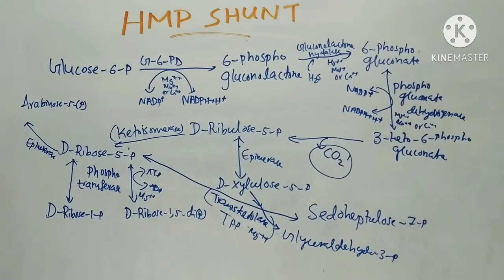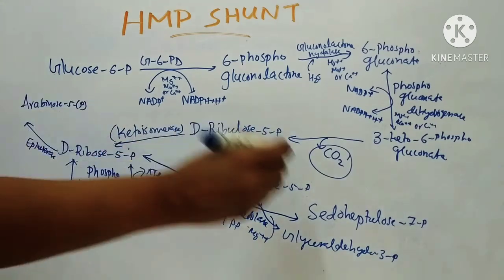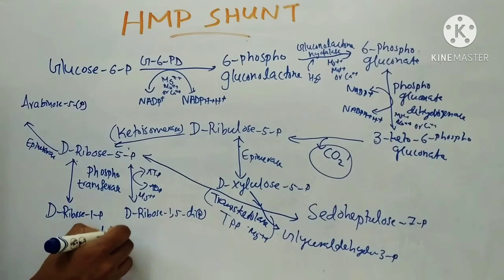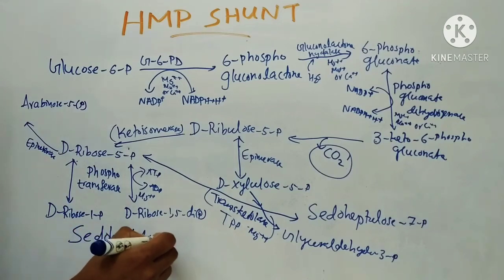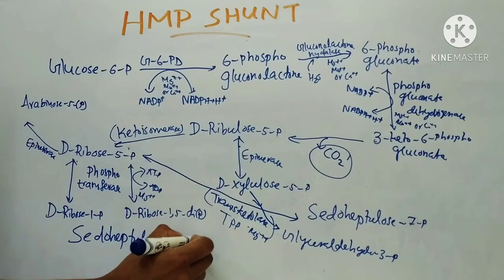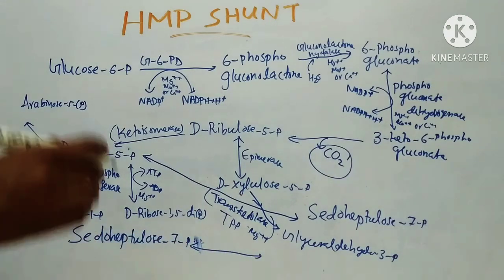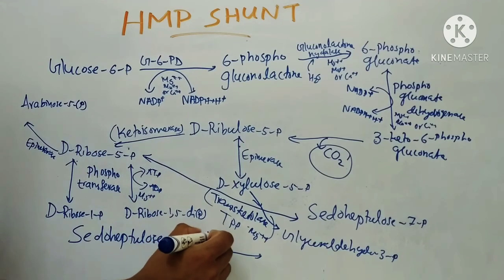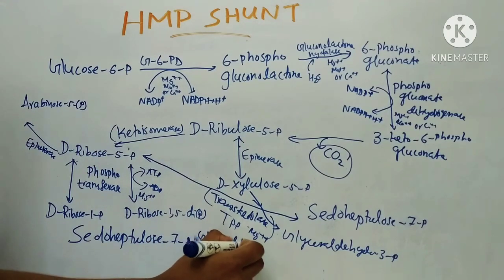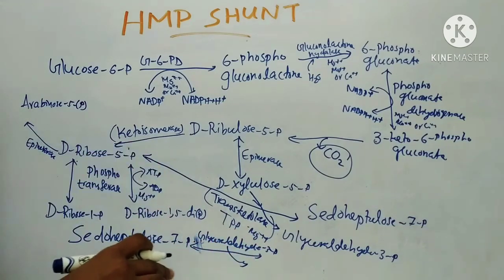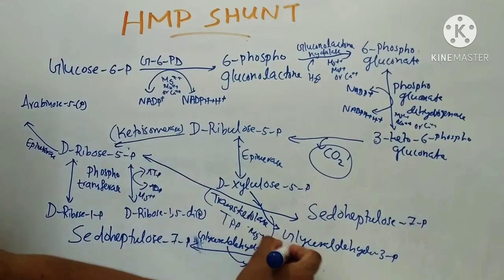In the transaldolation reaction, sedoheptulose 7-phosphate combines with glyceraldehyde 3-phosphate and forms fructose 6-phosphate and erythrose 4-phosphate.